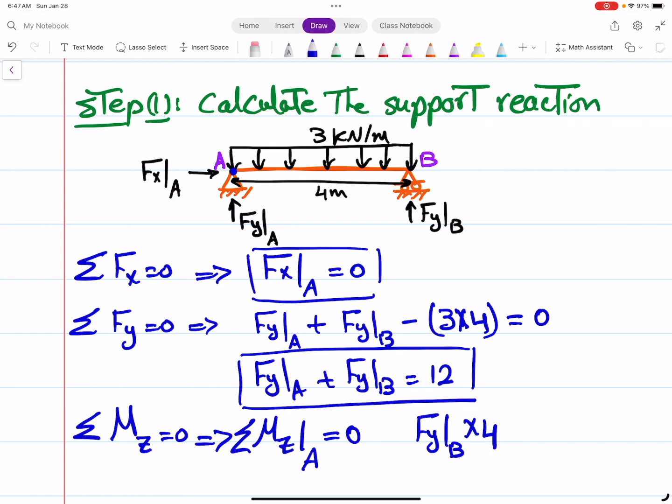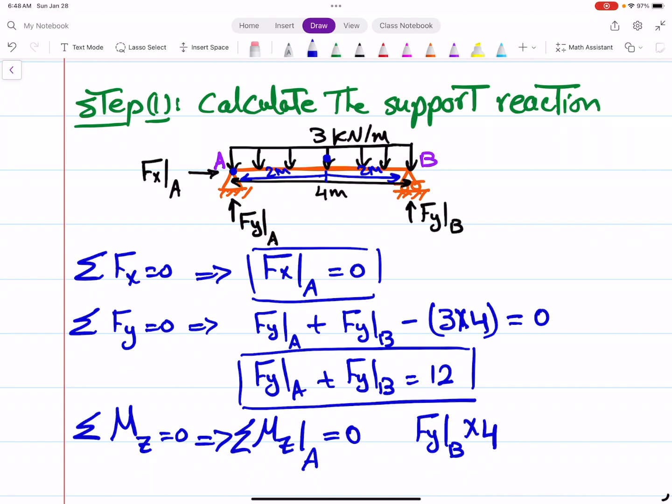In this case, the shape is a rectangle, so the centroid is in the middle, at this point, 2 meters from the right, 2 meters from the left.